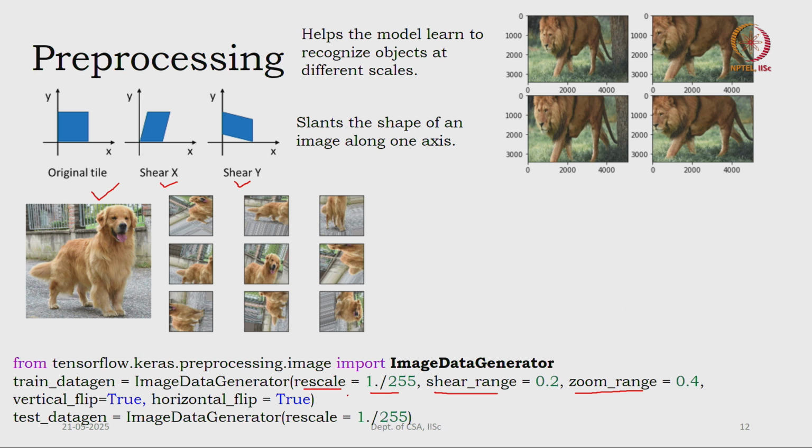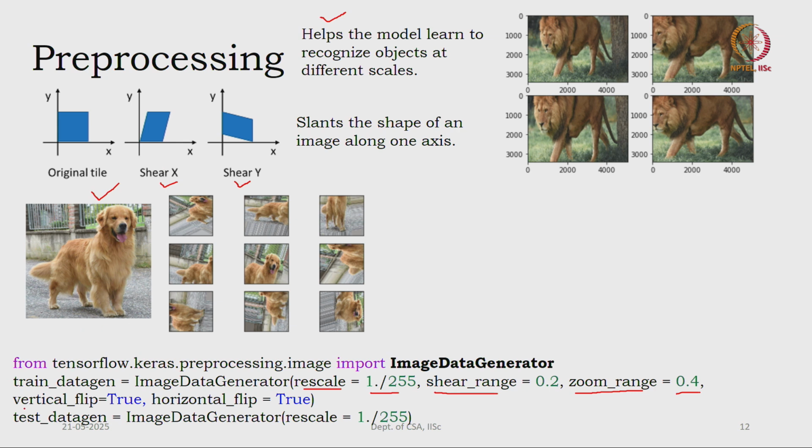The next parameter that we pass to ImageDataGenerator is zoom_range. Once again, we can control how much you want to zoom by passing values here. What this zoom_range does is help the algorithm or model that we are building to learn the object or image at different scales.